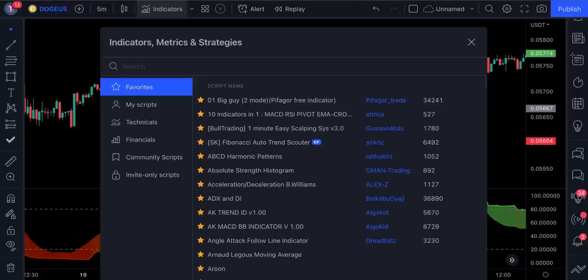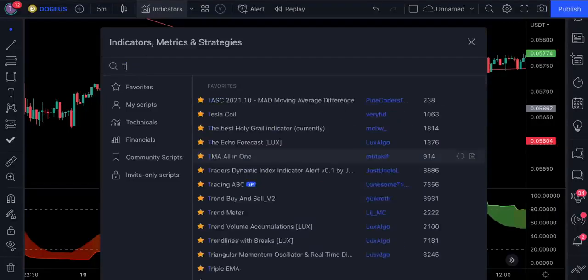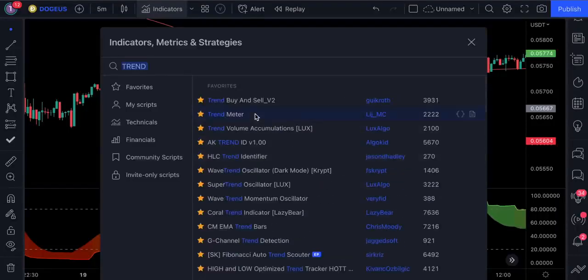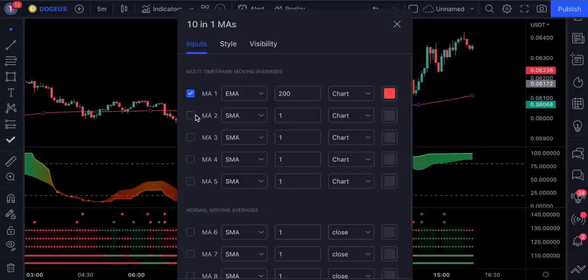For that, we need to add 2 more indicators to the chart. Alright, now let's access the settings on this moving average. And in the input section, let's add another EMA.